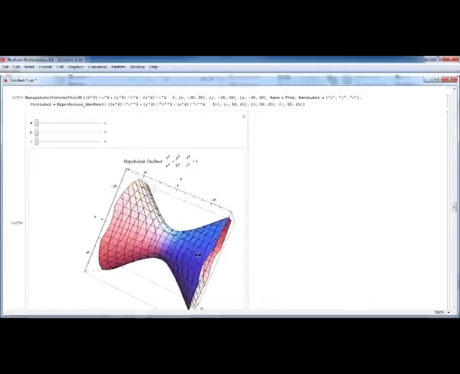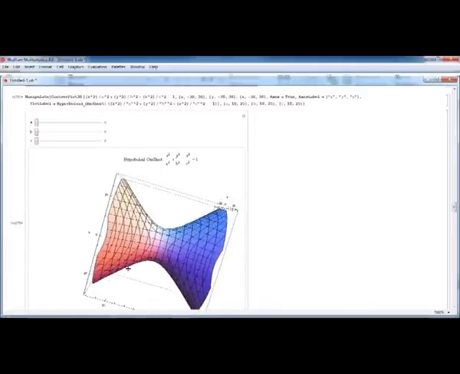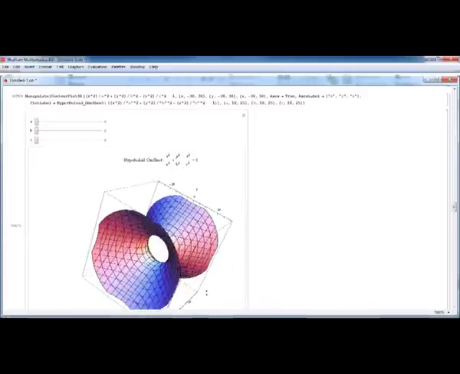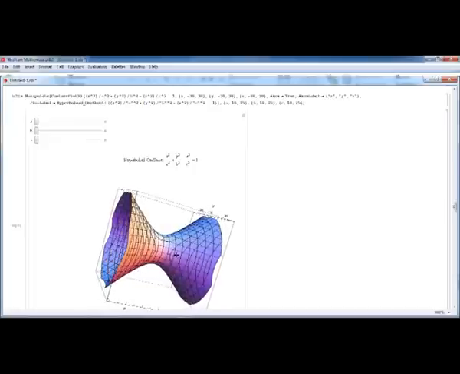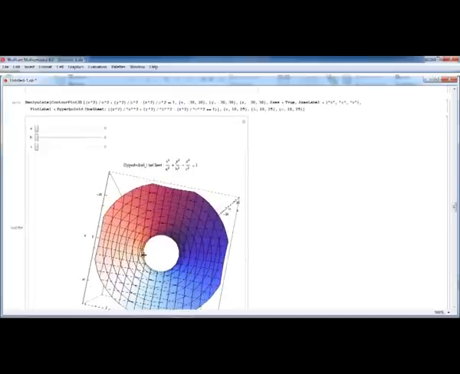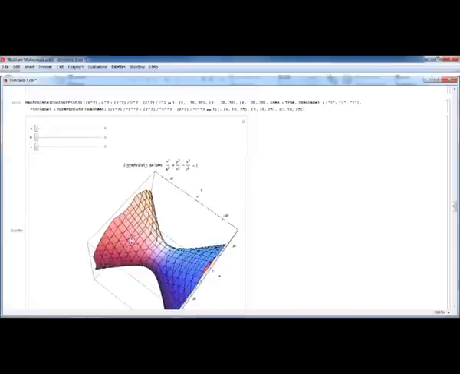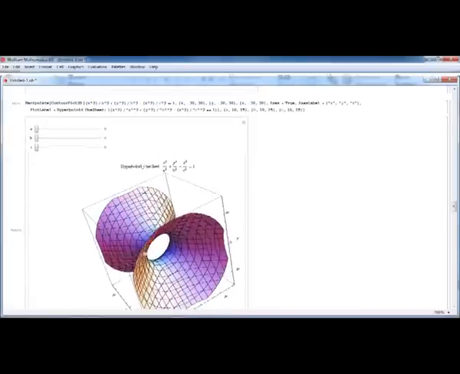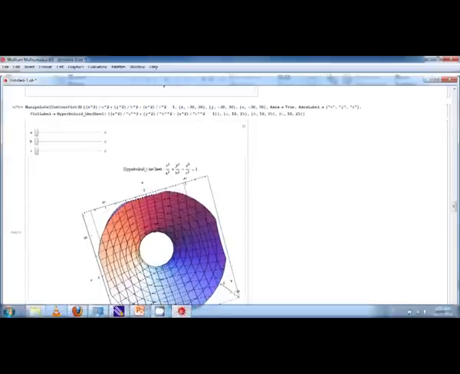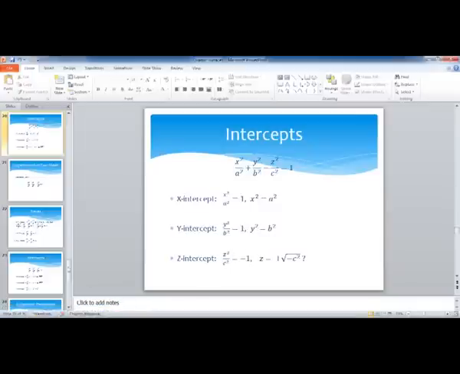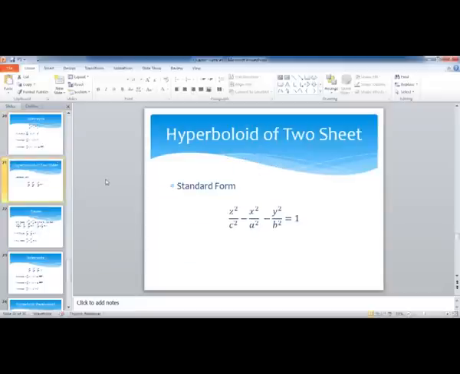We see that for z equal to 0, we can't have a definite value. There's a hole in this graph, along the z-axis. So there's no defined value for z-intercept.